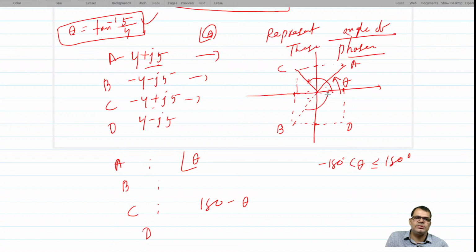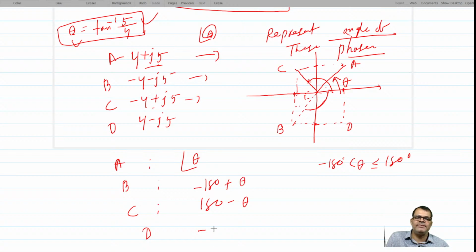So this is either 90, or minus 90 plus tan inverse 4 upon 5, because I have given you the theta, so it is minus 180 plus this angle, which is tan inverse 5 upon 4, that is the theta.